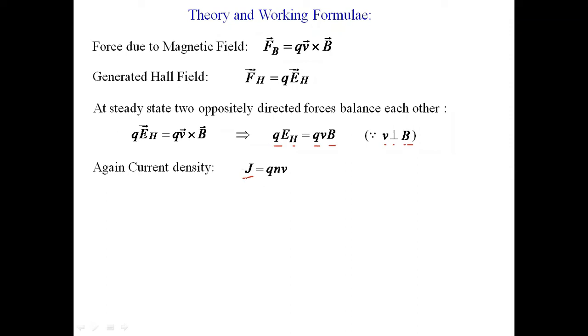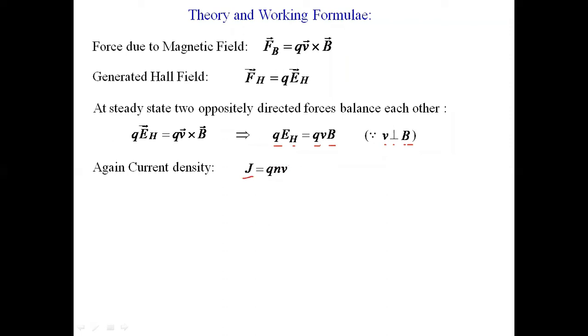And this current density is related with Q, N, and V. Q is the charge of an electron or hole. N is the carrier density, that means the number of carriers per unit volume. So if you are considering electrons, it is the number of electrons per unit volume, and V is the drift velocity of those charges.